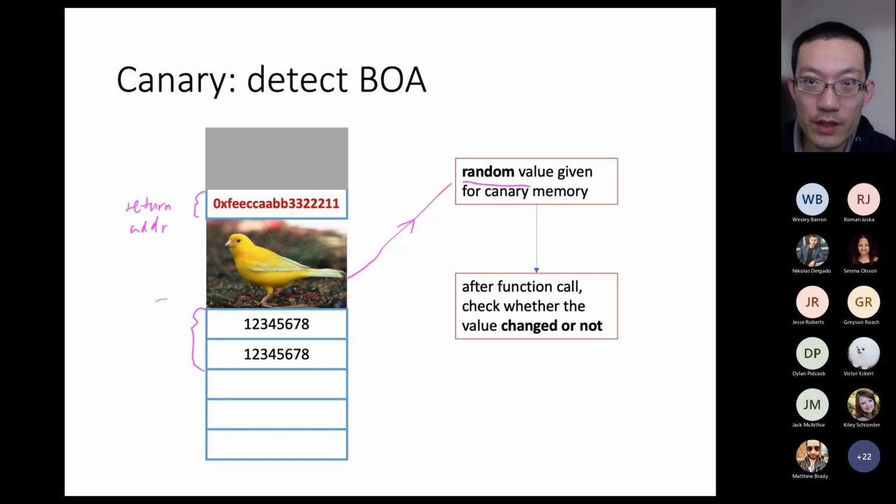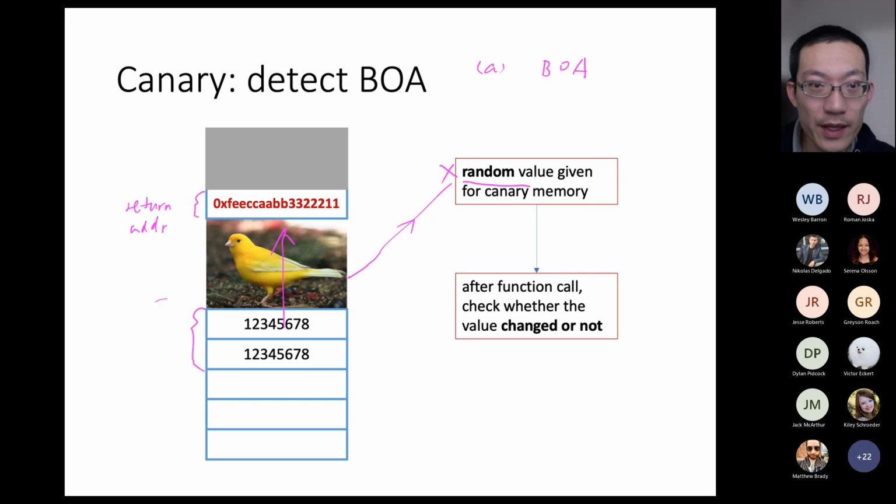Suppose there are two scenarios. Case one, we have the buffer overflow attack. When the attacker crafts the input, they don't know this random value. What would happen? It would overwrite this canary part of memory.